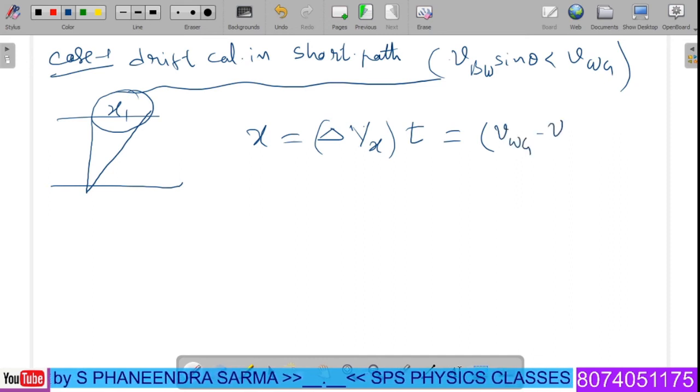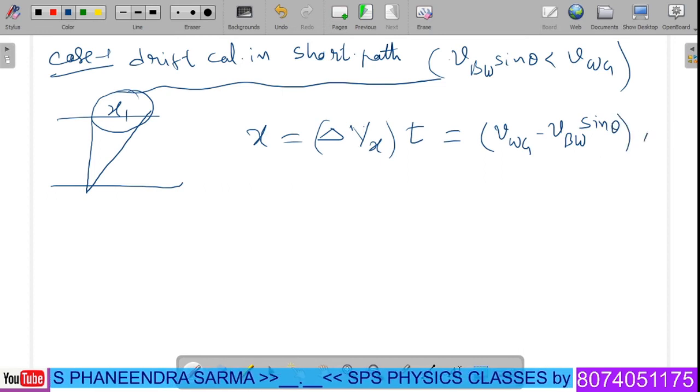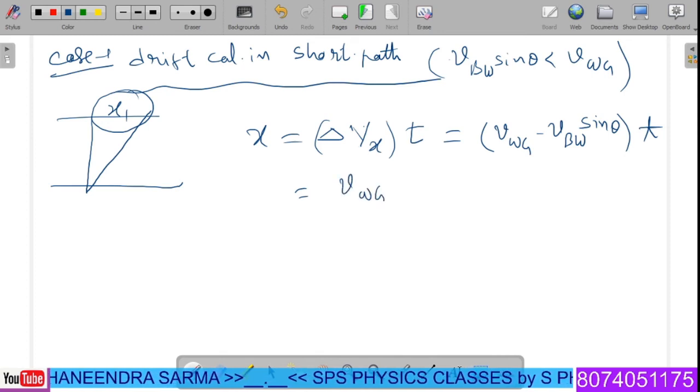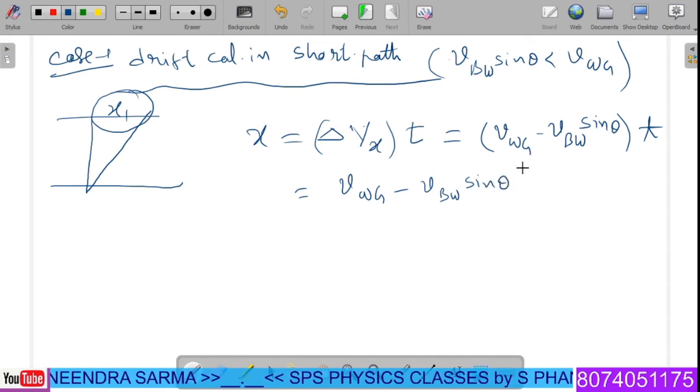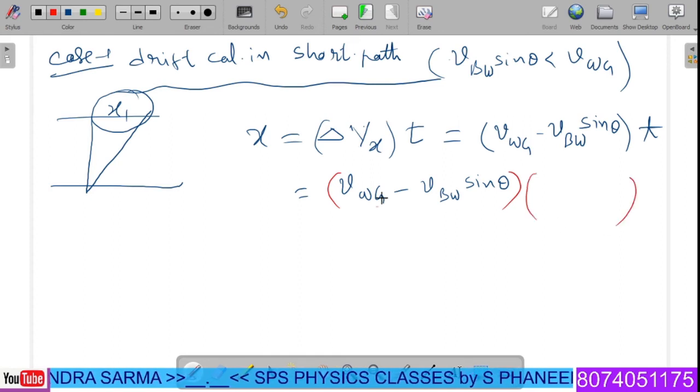Therefore, VWG minus VBW sine theta into time of journey. Time of journey never changes, it is a standard quantity. We can write down as VWG minus VBW sine theta into time of journey. That's a constant quantity. How can we approach time of journey here?